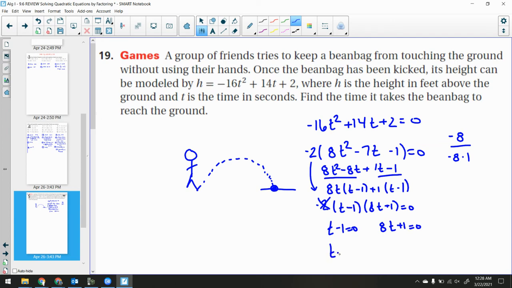Now I get t is equal to 1, and then when I subtract the 1 and divide by 8, I'm going to get t is equal to negative 1/8. Now again, like I said in class the other day, you can have a bad time, but you can't have negative time. So therefore my only solution is t is equal to 1, which means it's in the air for 1 second.